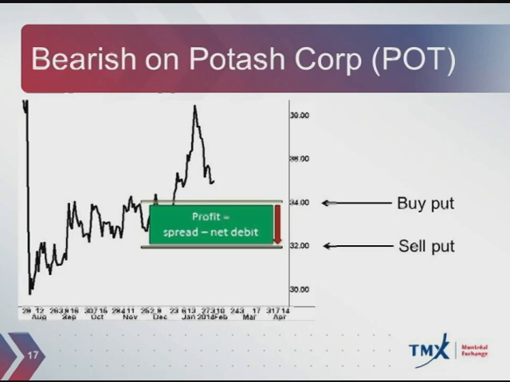But because we perhaps see that there's some support coming in down here around that 32 level, we want to make sure that we sell off that option contract down at the 32 strike in order to offset our costs. And so we would buy the 34. We would ultimately sell the 32 here. And again, our profit is our spread, which is $2 minus our debit in this case.